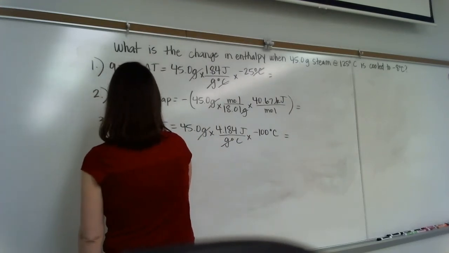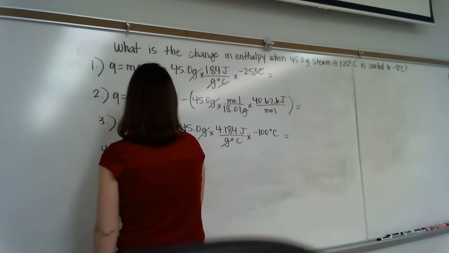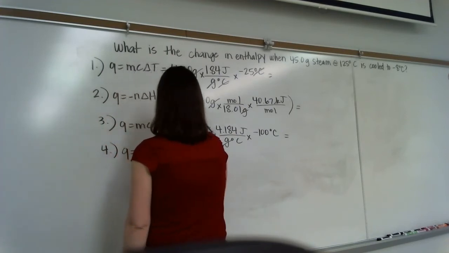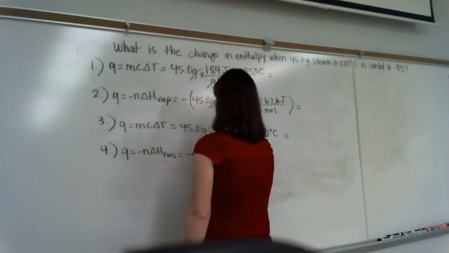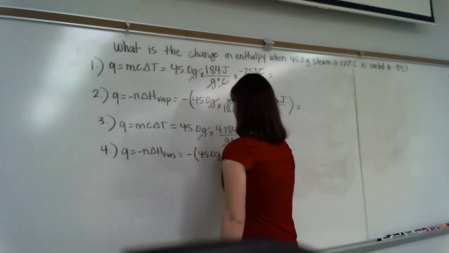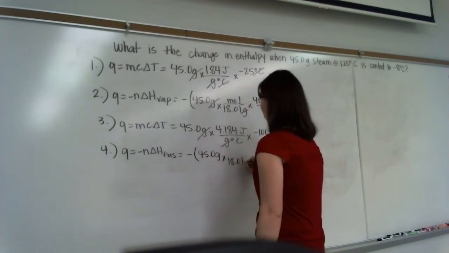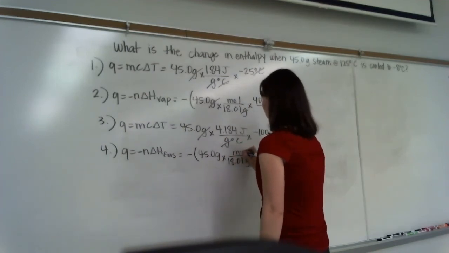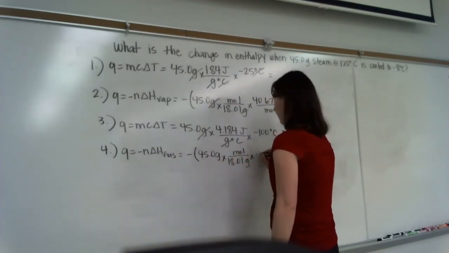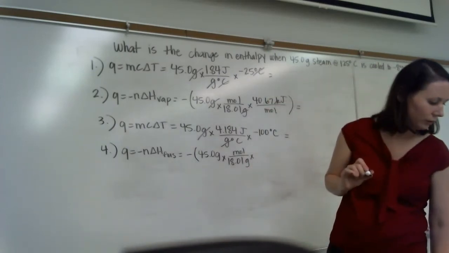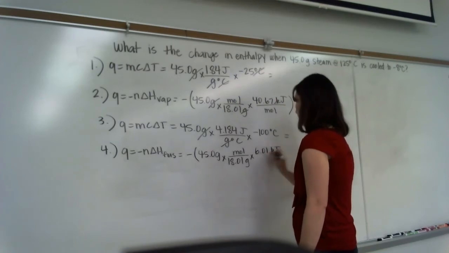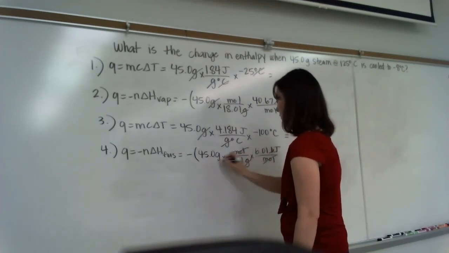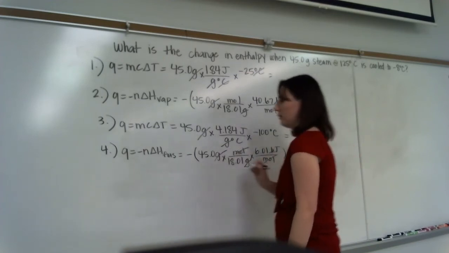Calculation number 4 is Q equals negative N delta H of fusion. So that's negative 45 grams times 18.01 grams per mole times the heat of fusion, 6.01 kilojoules per mole. So moles cancel, grams cancel.